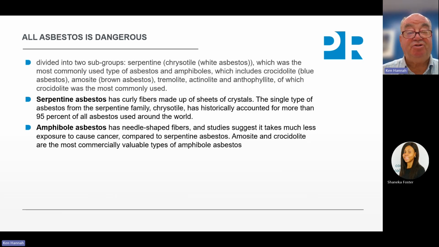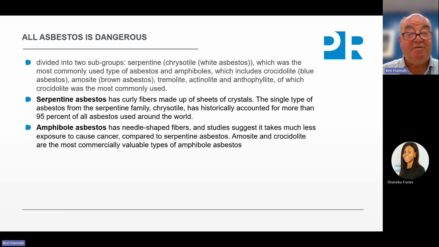It's divided into two subgroups: serpentine, which encloses chrysotile, white asbestos, which was the most commonly used type of asbestos, and amphiboles, which include crocidolite, blue asbestos, amosite, brown asbestos, tremolite, actinolite, and anthophyllite, of which crocidolite was the most commonly used. Serpentine has curly fibers made up of sheets of crystals.